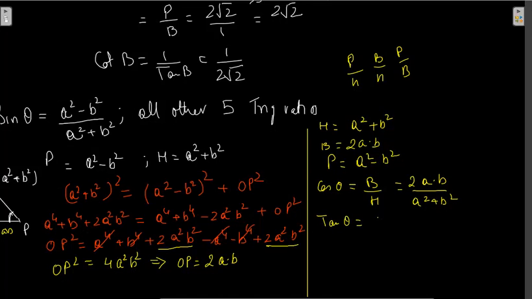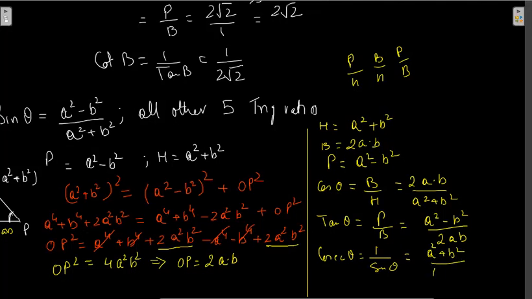Perpendicular over base. Perpendicular is A square minus B square, and this gets divided by base. And what is our cosecant theta? 1 over sine theta. Straight away now we can write it as A square plus B square divided by A square minus B square.